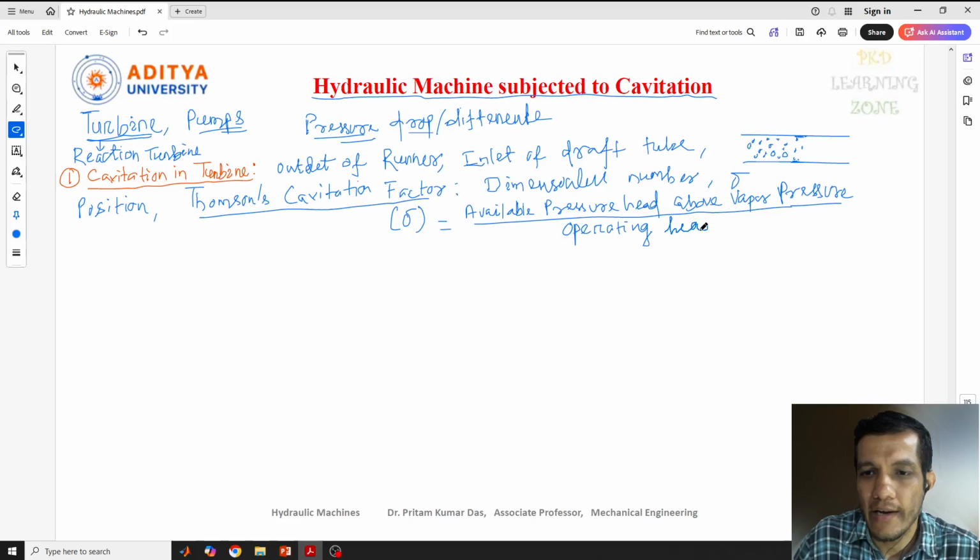This is the definition of the Thomson's cavitation factor for the turbine.